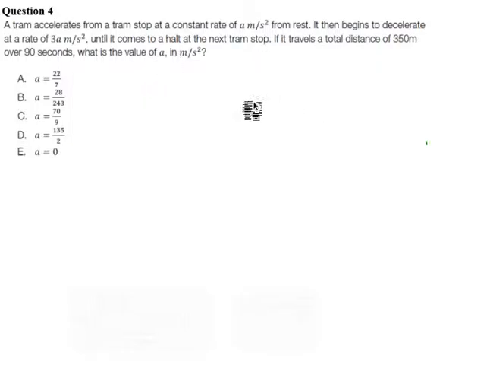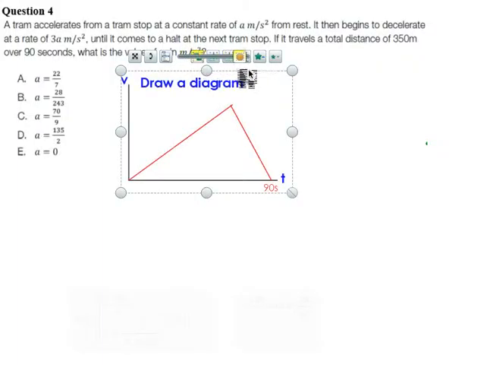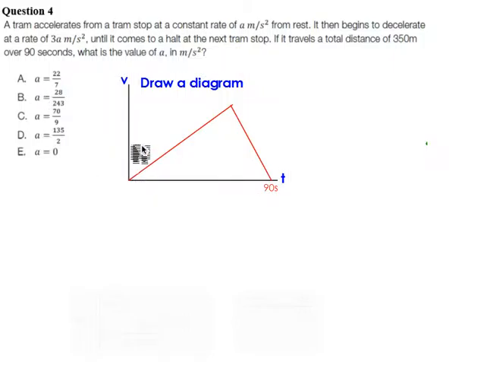Well, there you go. Now, the best thing I would do here is try and depict it as a velocity versus time graph. So, draw a diagram. There we go. Now, this diagram has the tram accelerating at some constant acceleration, constant rate, and then rapidly decelerating at 3 times that rate.